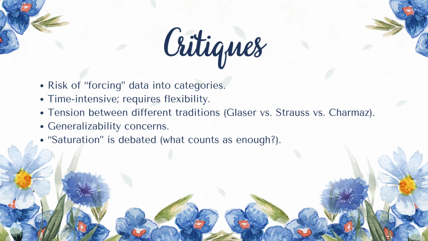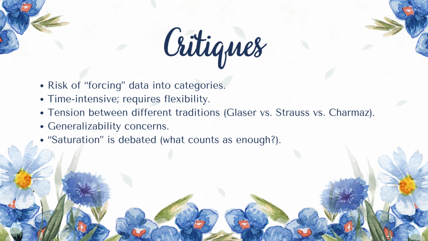Some critiques of grounded theory include that it can be extremely time intensive. So it takes a very long time to make sure that you've done this and done it well. And some argue that categories are often forced into data rather than emerging naturally. And so tensions exist between traditions. So just like we said at the beginning, there's all these different ways that grounded theories come out by these different people.